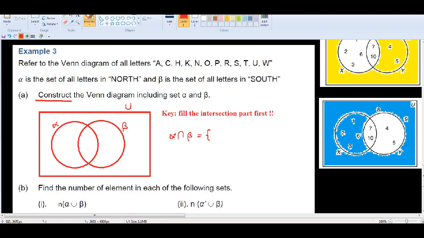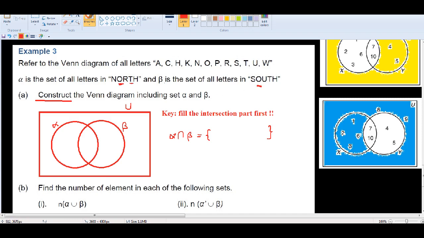You need to look for what kinds of letters are common to both alpha and beta. Remember, alpha is the set of all letters in North, beta is South. Between the 2 words, what letters are common? O is one of them.